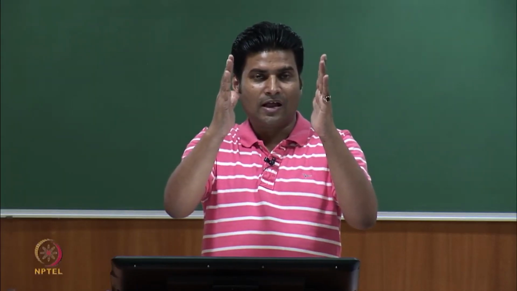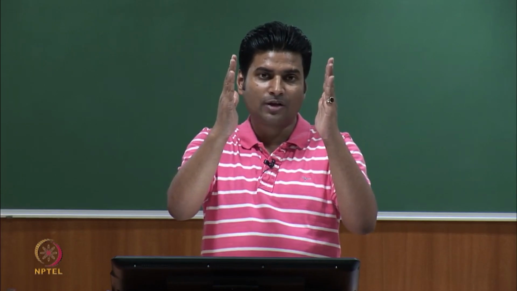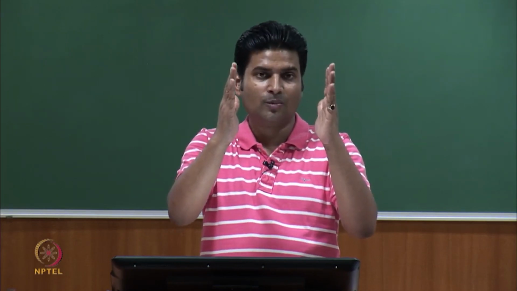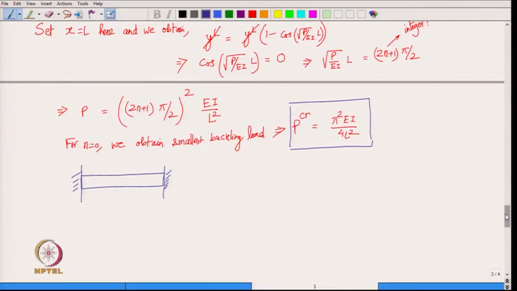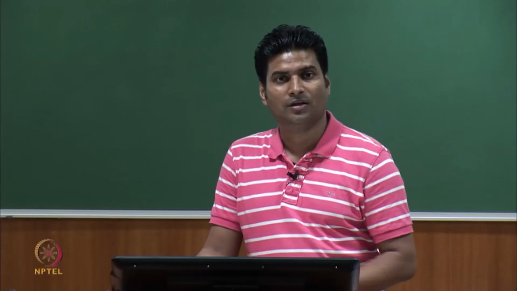Okay. And then again the question is how much compressive force can this hold before it buckles. When you do this analysis the way we did it now, it turns out that P critical here is 4 pi square E I over L square, and again it is inversely proportional to length square. Okay. So, when you change the boundary condition, the constant of the buckling load changes, but the quality that it is proportional to E I and inversely proportional to length square, that is still there.